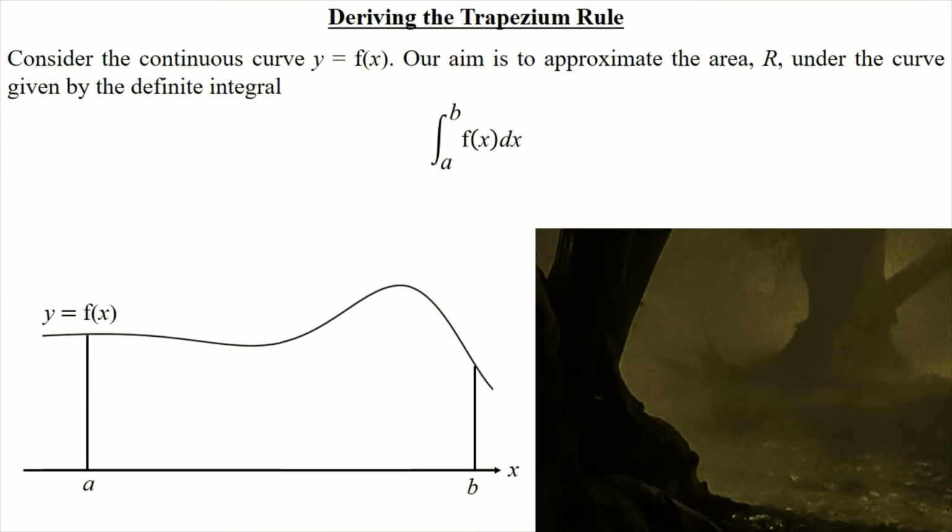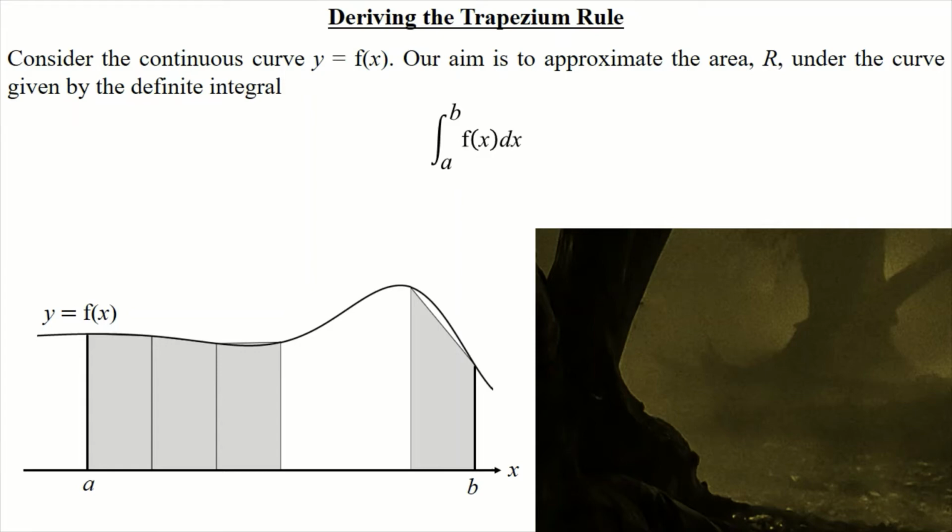Now that we've had a look at two cases, one case where we have just a single trapezium approximating the area of the definite integral, and a slight refinement where we use two trapezia, we can now generalize this idea, and let's consider a continuous curve y equals f of x, as you can see in the diagram. And what I'd like to do is to approximate the area R under the curve, not by finding an antiderivative, of course, but by using an approximation.